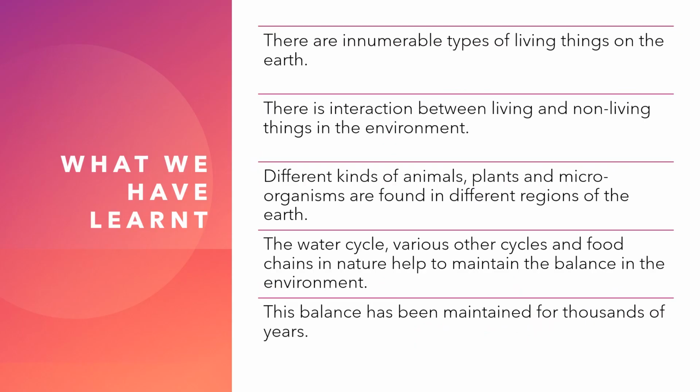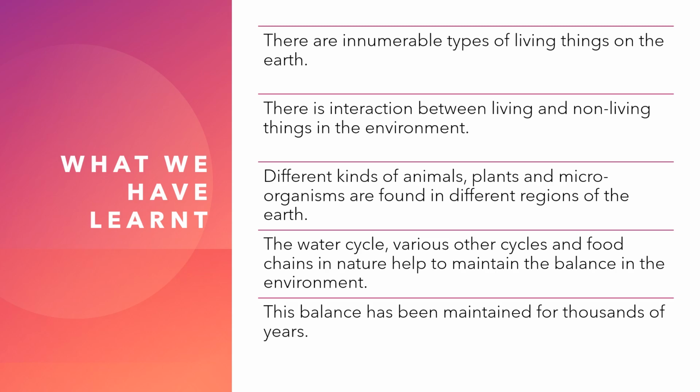So now let us quickly revise what we have learned in this chapter. We have learned that there are innumerable types of living things on the earth, and this variety we call as biodiversity. There is interaction between living and non-living things in the environment. Both living and non-living things are dependent on each other for their needs.